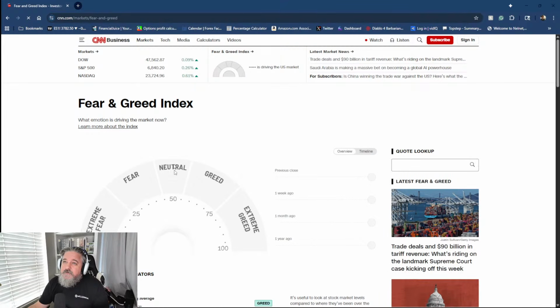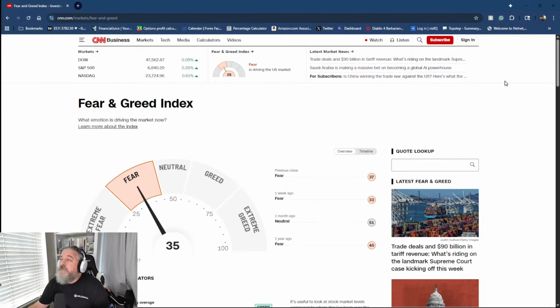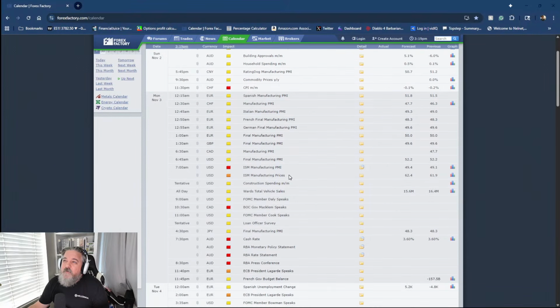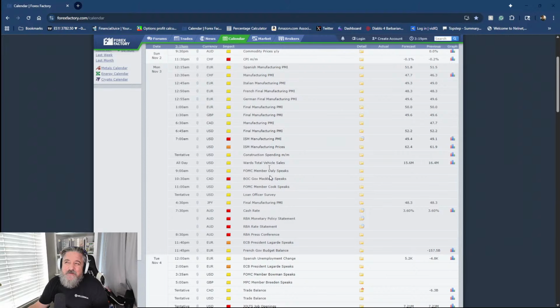Probably in neutral. Possibly fear, yeah. Calendar for tomorrow. I feel like we're going to get news really soon that the government shutdown is over. But I don't even know how much of this is going to happen. Well, this is Australia, and this is after the market closes.